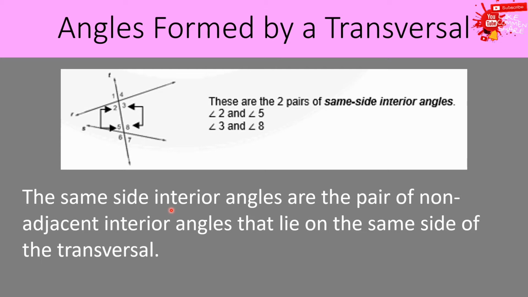When we say non-adjacent, they have no common side and no common vertex. That's why we have these two pairs: angle 2 and angle 5, which are in the interior and on the same side of the transversal, and so with angle 3 and angle 8.